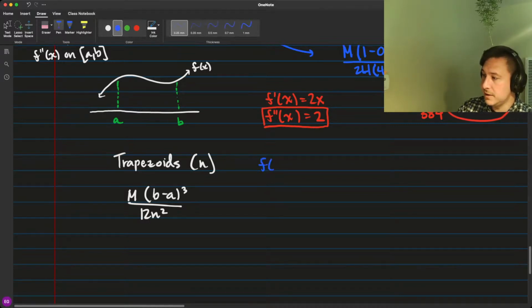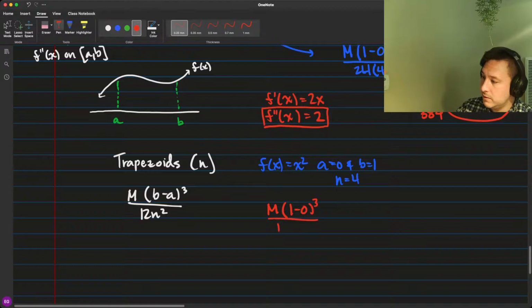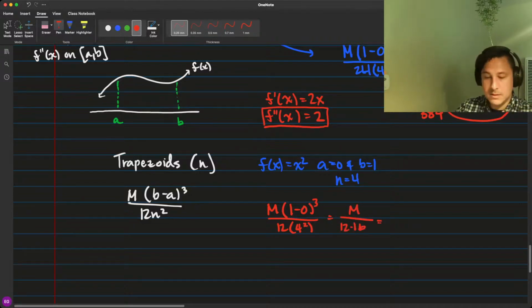So let's say that we were estimating the area under x squared between 0 and 1 with 4 trapezoids. Well, you just start plugging into the formula. Let's figure out M later. (1 minus 0) cubed over 12 times 4 squared. That's just going to be M over 12 times 16.